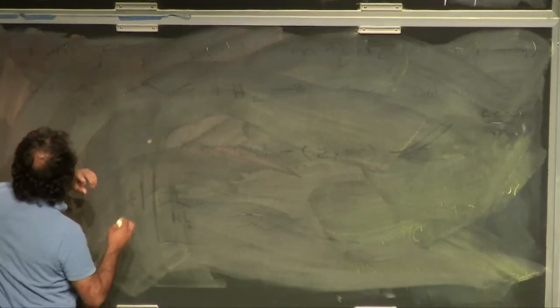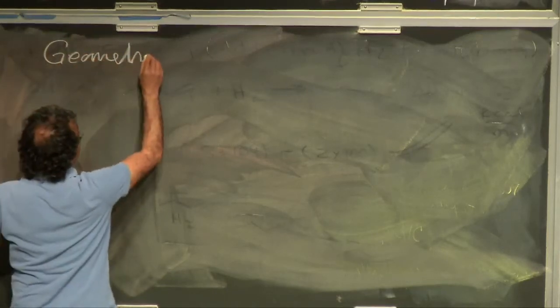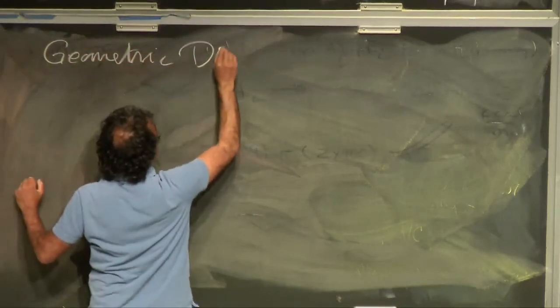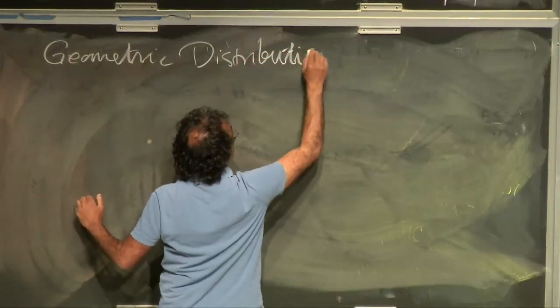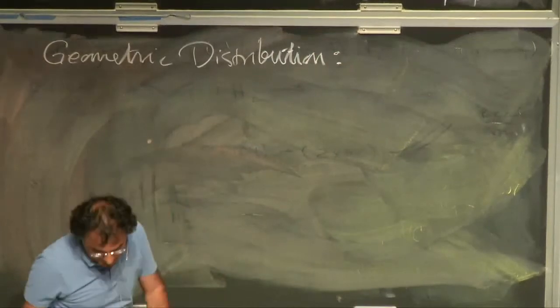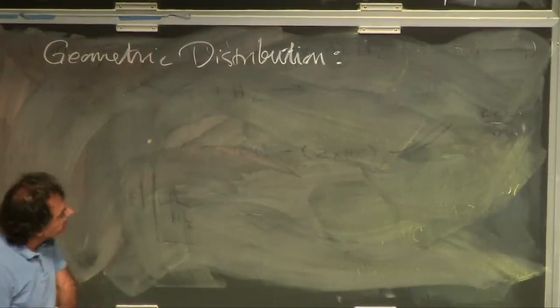Okay, so let's look at this next distribution, which is called a geometric distribution. Okay.